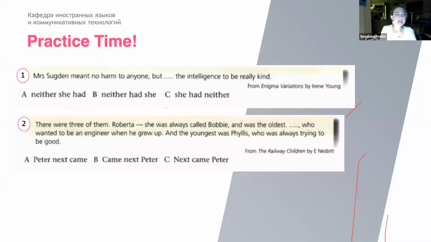Миссис Сагден не желала никому зла, но также у нее не было достаточно ума для того, чтобы быть доброй или для того, чтобы проявить доброту. I'm waiting for your answers in chat just about number 1. A, B, or C. And I see that 11 people have voted, and all of you have voted correctly. Great job. Congratulations.